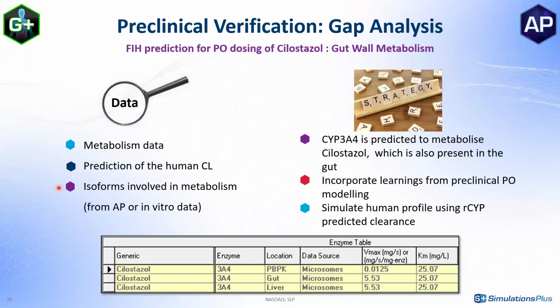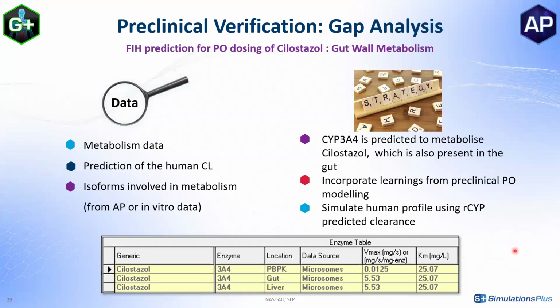And this can either come from ADMET Predictor or from in vitro data. And you can see an example of the enzyme table that contains the ADMET Predictor predictions for cilostazol on the slide. So if we stay with our cilostazol example, we can see that 3A4 is predicted to be the only isoform to metabolize the compound. And as you know, 3A4 is also present in the gut.